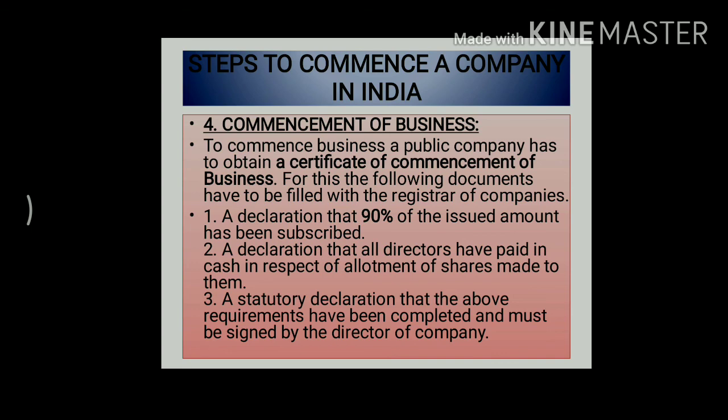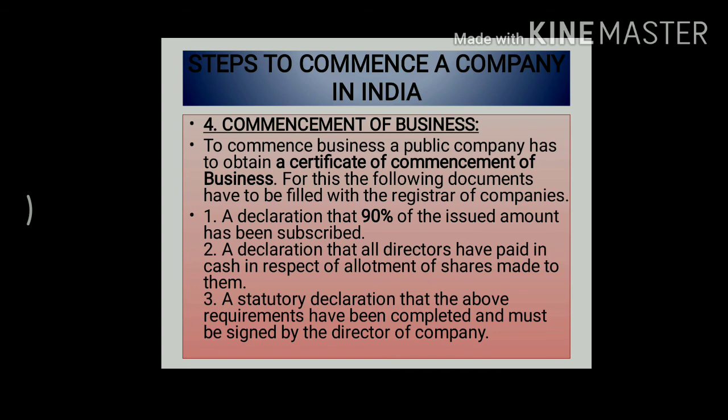Here, you need to give the registrar a declaration that 90% of the issued amount has been subscribed. Second, a declaration that all directors have paid in cash in respect of the allotment of shares made to them. See, the directors have to take the qualifying shares in a public limited company.